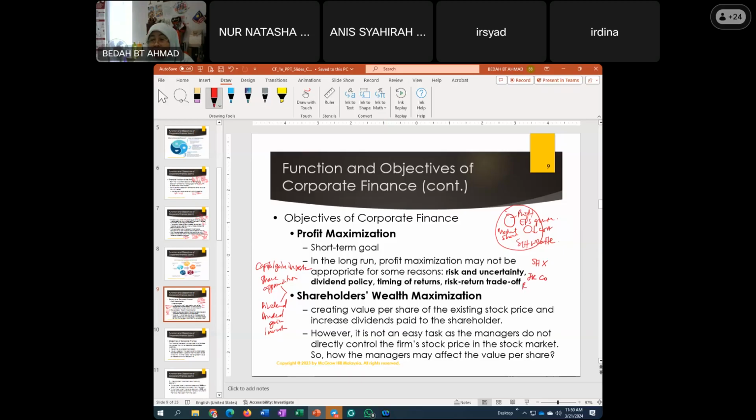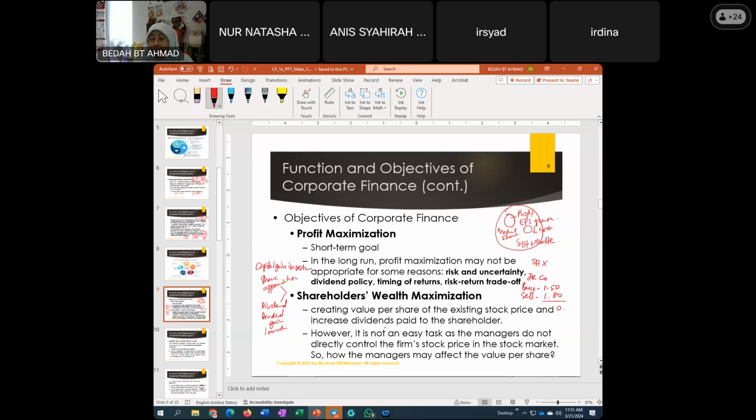When shareholder X buys, it is at a price of 1.5, and JK company's board of directors and management team are able to invest in a good project, and the good earnings influence the investors or the stock market to make the share price higher. So from 1.5, the stock price increased to 1.8.